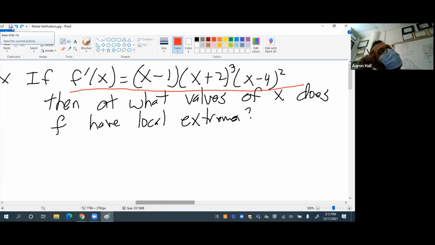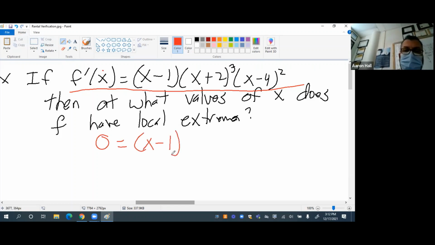The first derivative test tells us our monotonic properties. Remember monotonic? Monotonic properties are where the graph is increasing or where the graph is decreasing. So what tool do I use? I set this to 0. So I have 0 equals the quantity of x minus 1 times the quantity of x plus 2 to the power of 3 times the quantity of x minus 4 to the power of 2.